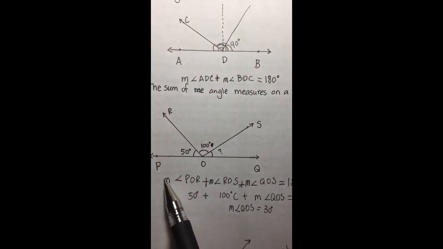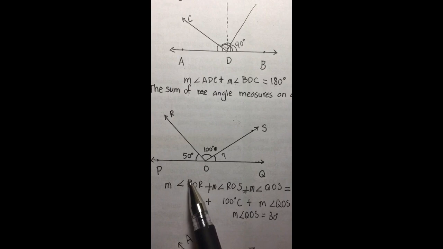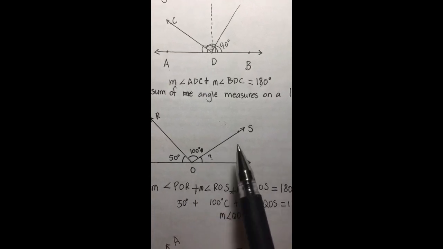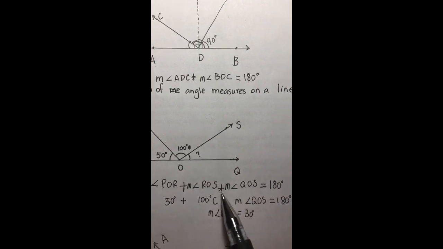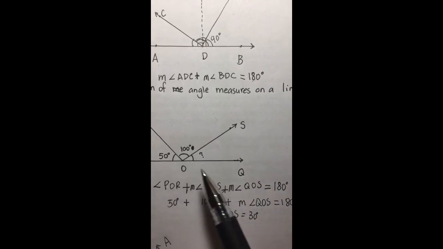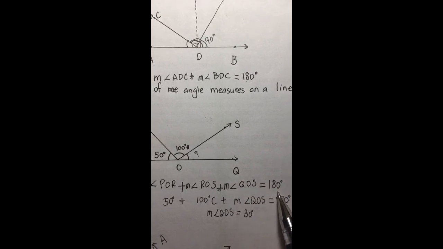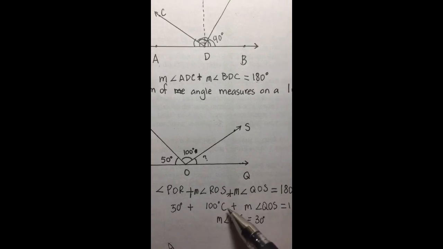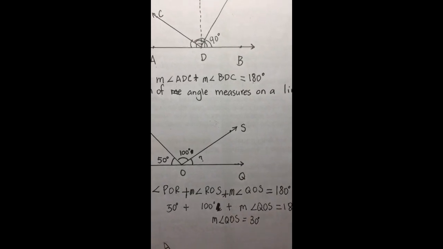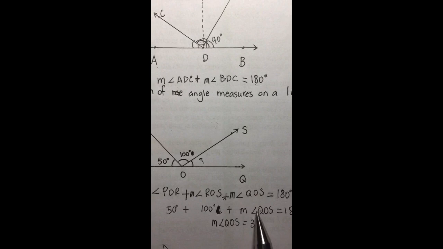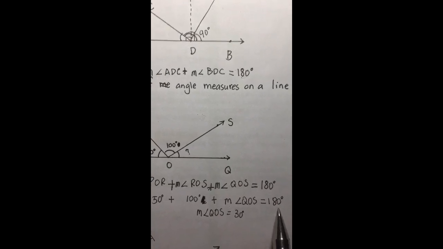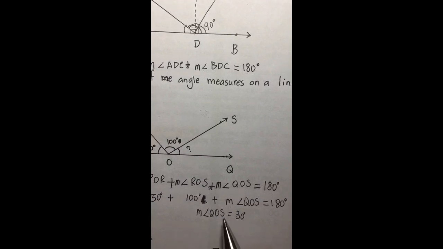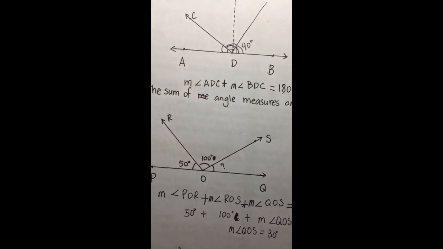Well, we know that measure of angle POR plus measure of angle ROS plus measure of angle SOQ is 180 degrees, which is 50 plus 100 plus measure of angle QOS is 180. So the measure of angle QOS would be 30 degrees.